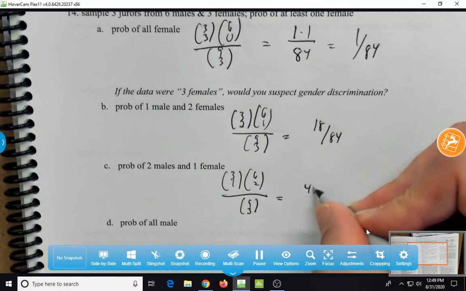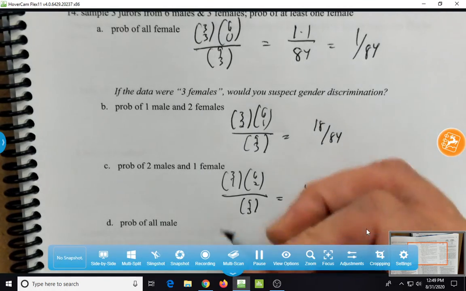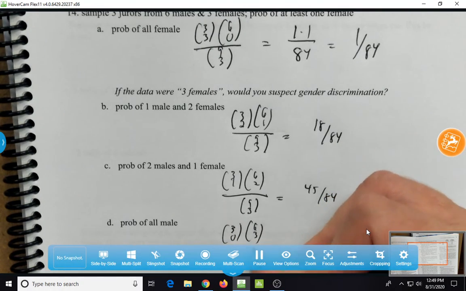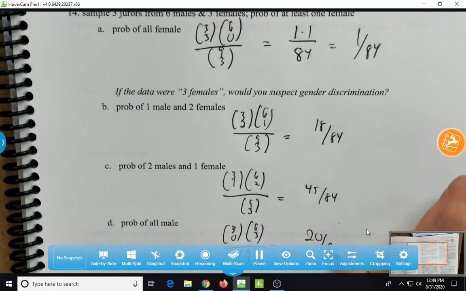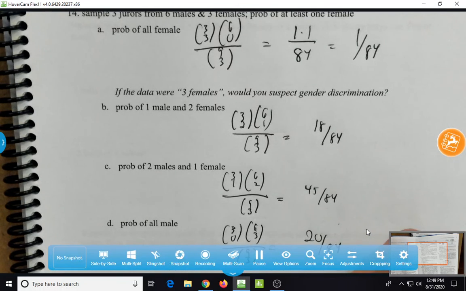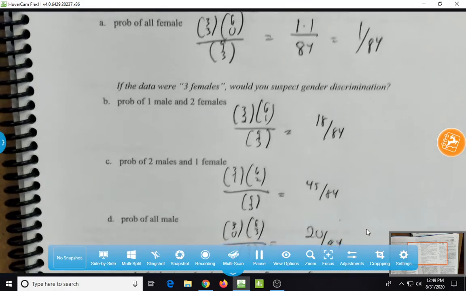I get 45 over 84. And then all males, I take no females, take 3 males, over 9 choose 3, and I get 20 over 84. Okay? And the probability of at least one female means I don't have no females. So 1 minus 20 over 84 gives me 64 over 84.